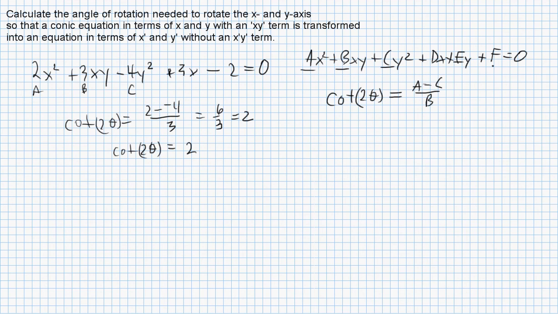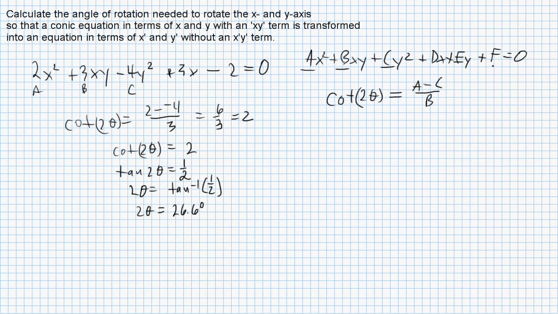So in order to actually do that on our calculator, we'll take the reciprocal of both sides, and that'll give us the tangent of 2 theta is equal to 1/2. Now on the calculator, we use the arctan function to free the theta from the tan expression. So 2 theta would be equal to arctan 1/2, which as it happens, 2 theta is equal to 26.56, or about 26.6 degrees.